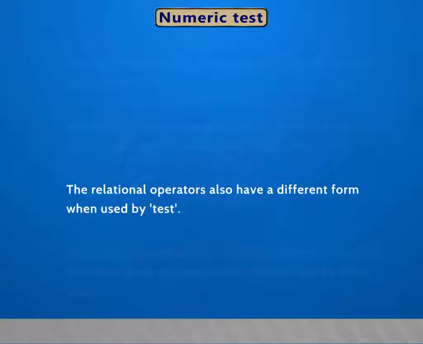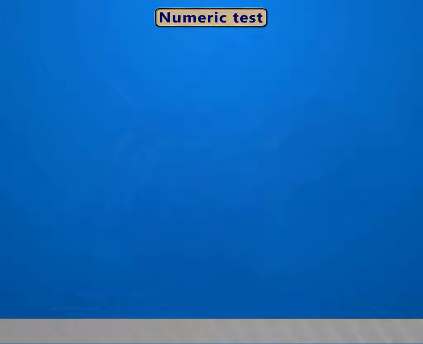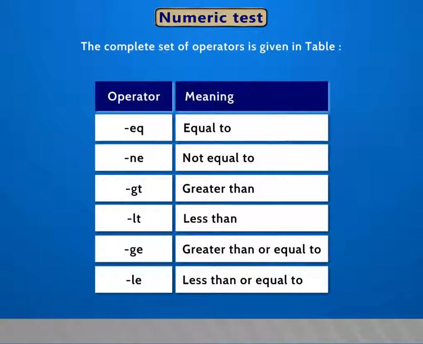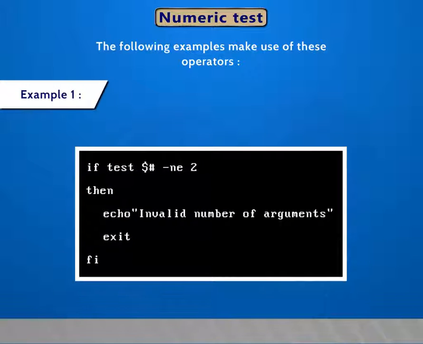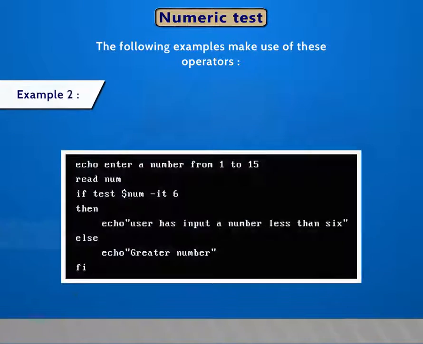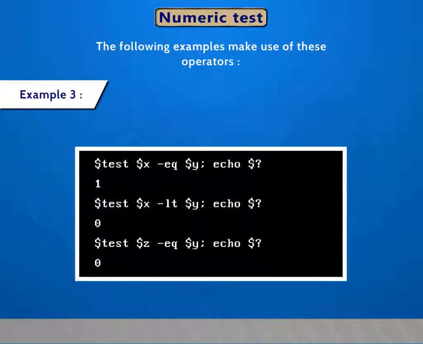The relational operators also have a different form when used by test. They always begin with a hyphen followed by a two-character word and are enclosed on either side by white space. The complete set of operators is given in the table. The following examples make use of these operators: Example 1, Example 2, Example 3.